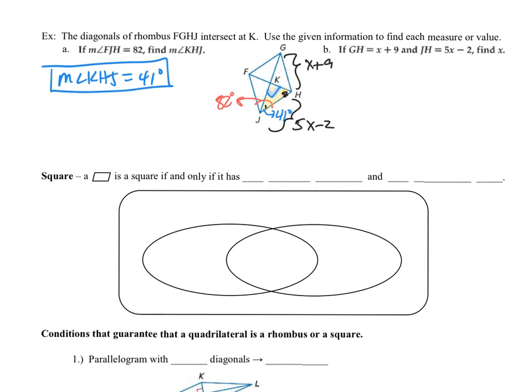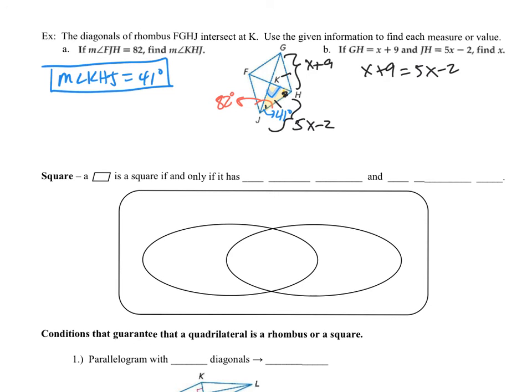Well, that's going to be pretty easy because we're told that this is a rhombus, and since it's a rhombus, that means that all sides are congruent to each other. So I can put a tick mark here and a tick mark here. So if these two segments are congruent, that means their measures are equal, and I can take x plus 9 and 5x minus 2 and set them equal to each other. So x plus 9 is going to be equal to 5x minus 2.